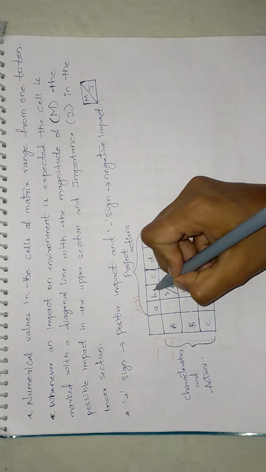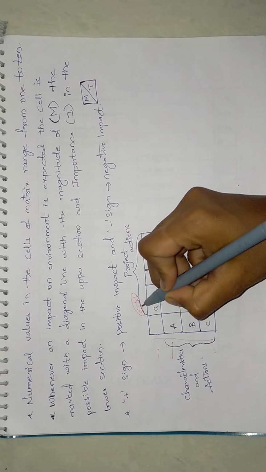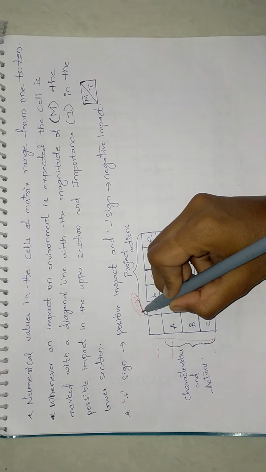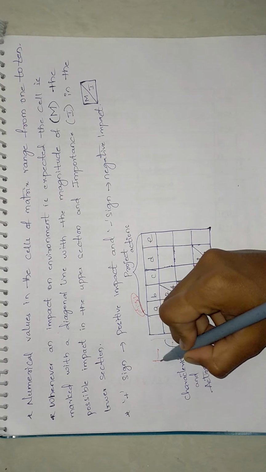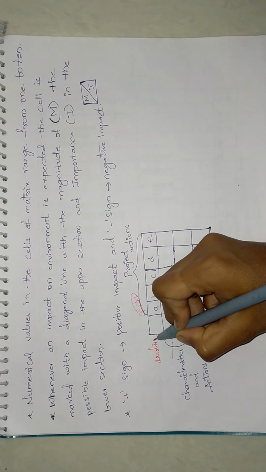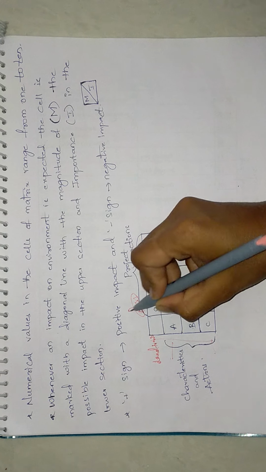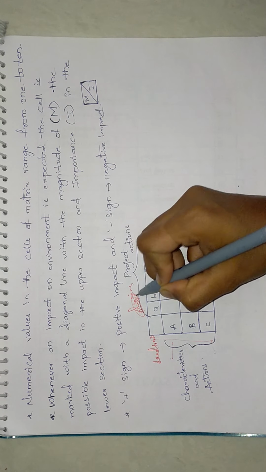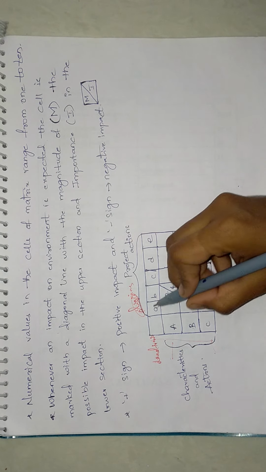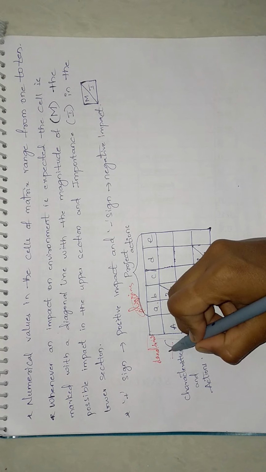Now I will check whether this digging activity will cause any impact on land transportation. I took land transportation as the example, right? Will this digging activity result in any impact on the environment because of the land transportation?